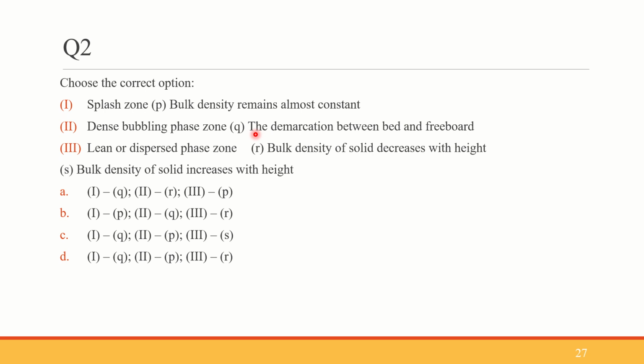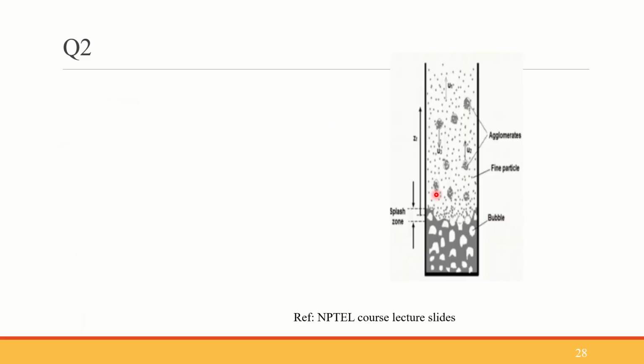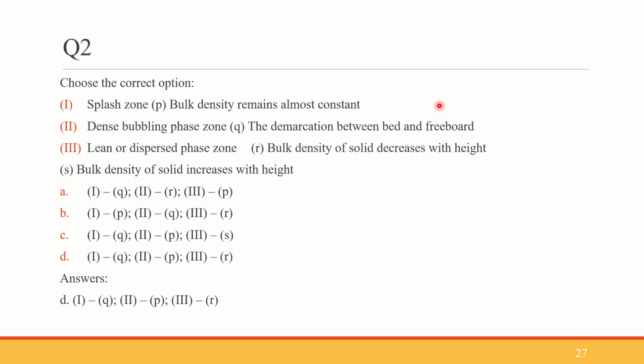So it is Q, P and R. I guess the answer is option D, because the splash zone is the demarcation between the dense zone and the lean zone. In the dense zone, the density of the particles remains constant. In the lean zone, what do we call it? Freeboard. The bulk density decreases with height. So I hope you are clear now.